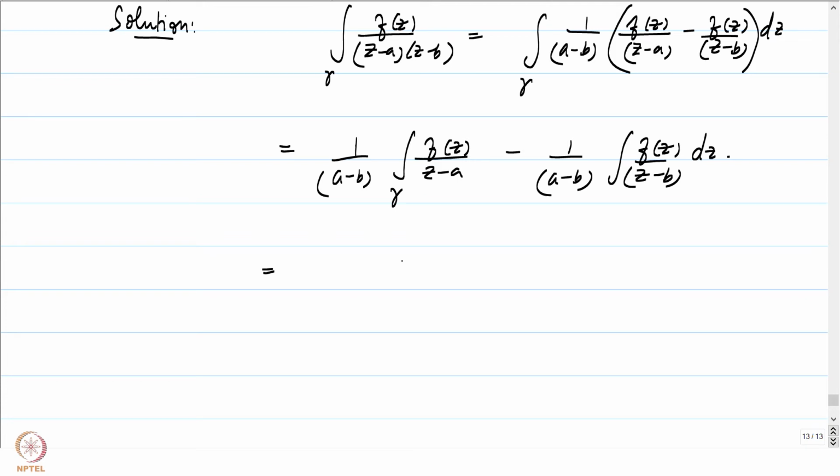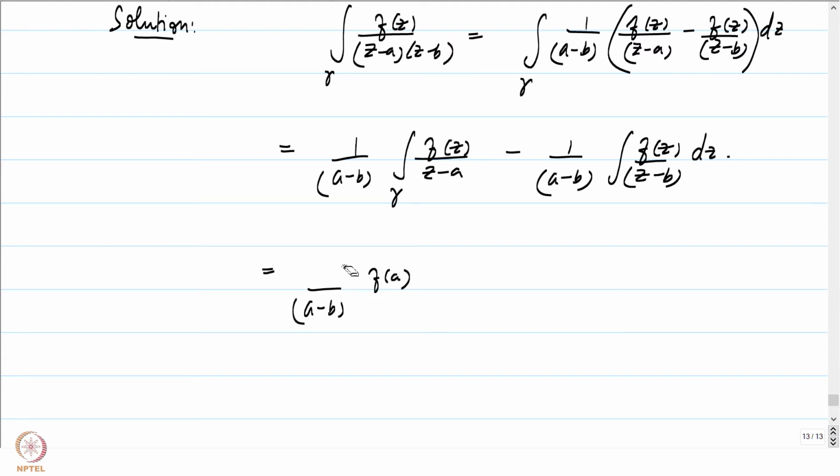Gamma is a circle of radius R around the origin, and by a very similar argument as in the previous problem, this is homotopic to a circle of radius epsilon around a for epsilon small enough. Because of Cauchy integral formula, one can directly write this to be equal to f of a.